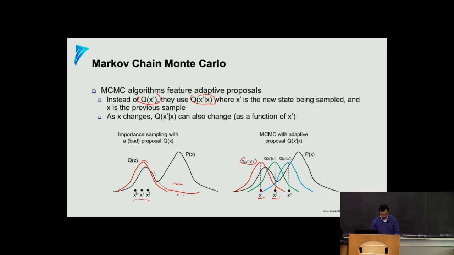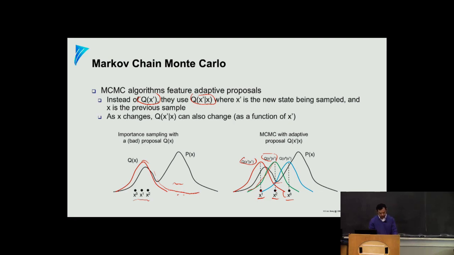Then you are going to use x2 to define a conditional proposal. You draw x3. And then you hopefully are now shifting the mass toward the right. And then you're going to maybe get a new sample that goes even further. That allows you to penetrate this low mass barrier and go to another mode in the more complex target distribution. Right? So this is the idea of the so-called adaptive proposal.